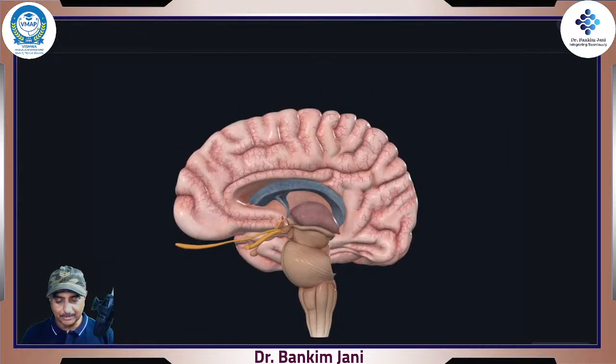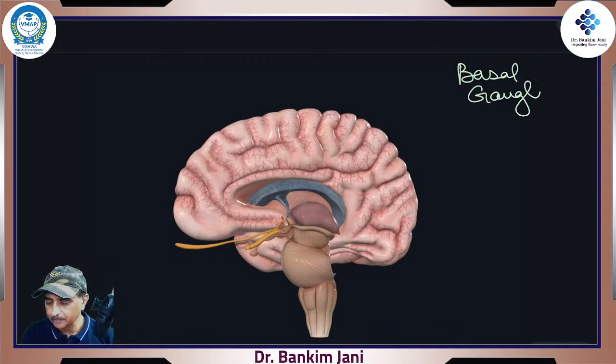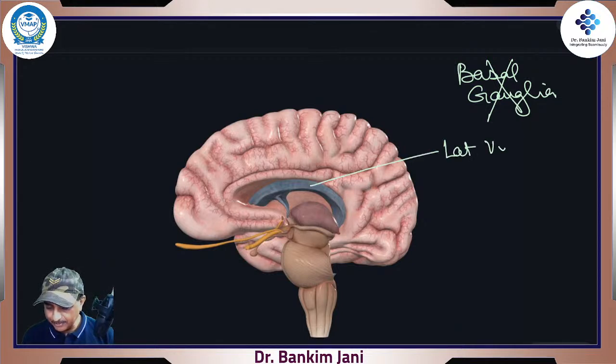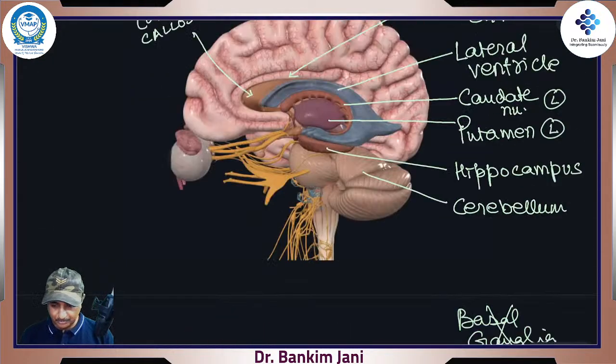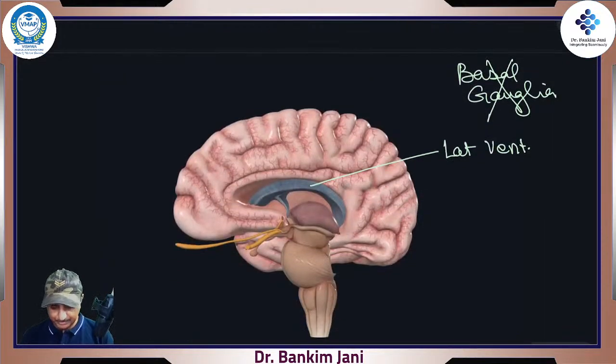So what we have done in this case is we have removed the basal ganglia, so the caudate and putamen have been removed. The cingulate gyrus, you know very well. Now this is the lateral ventricle, right? Over here we have removed the lateral ventricle also, this entire extension.